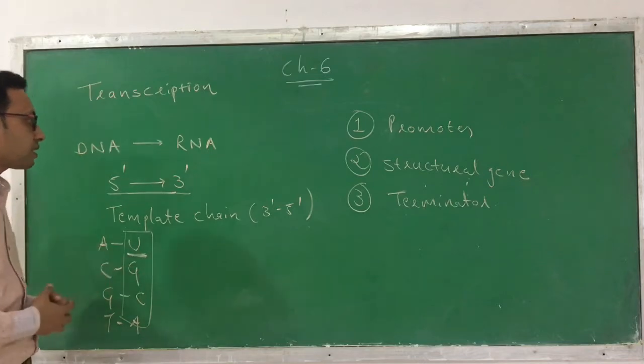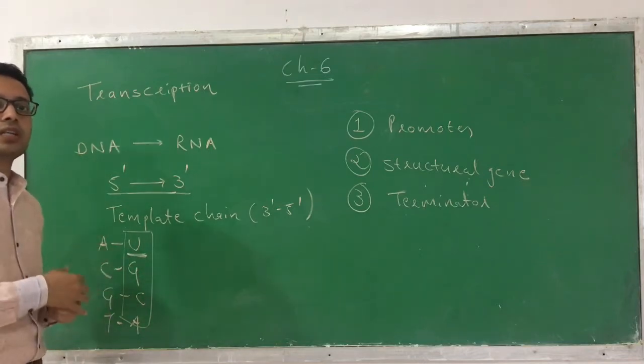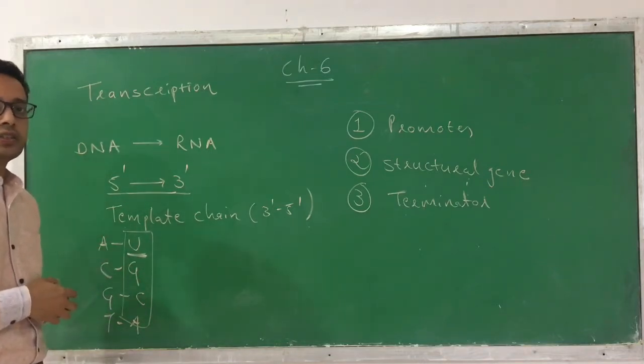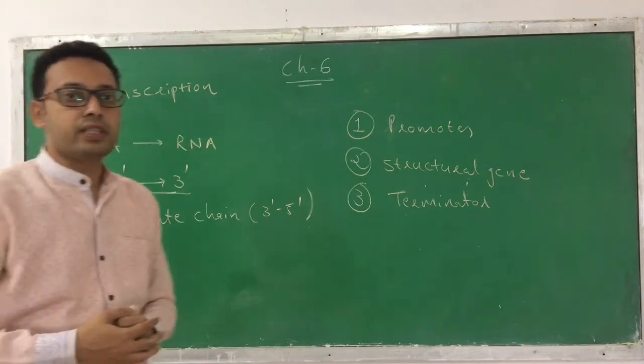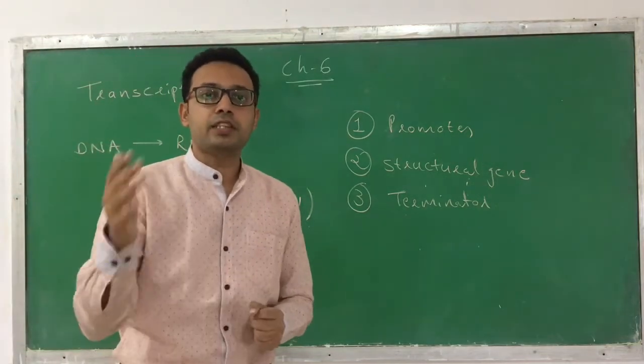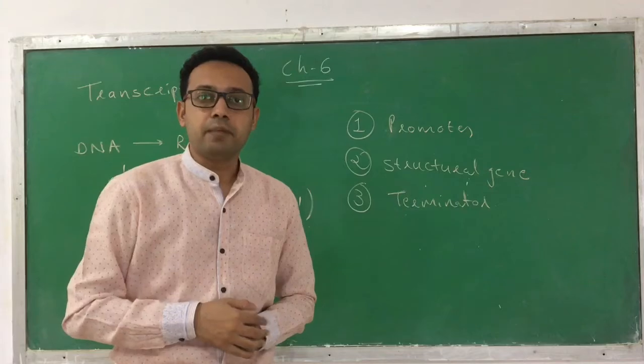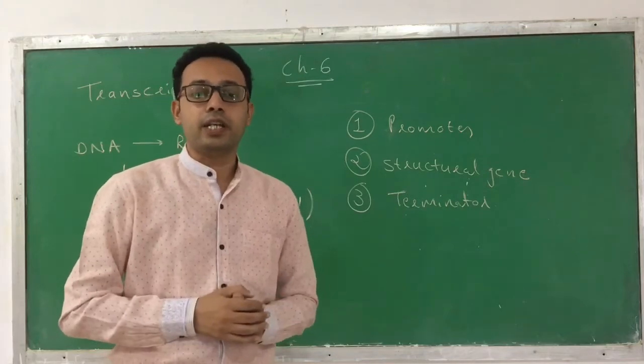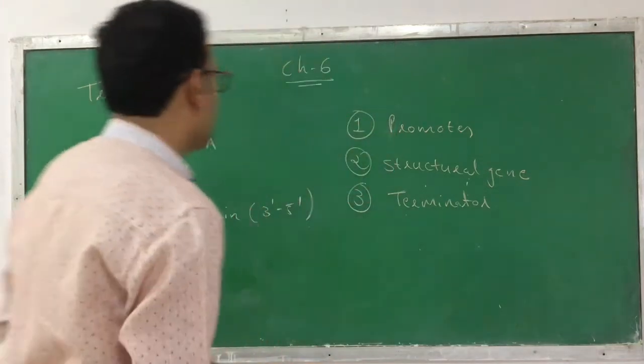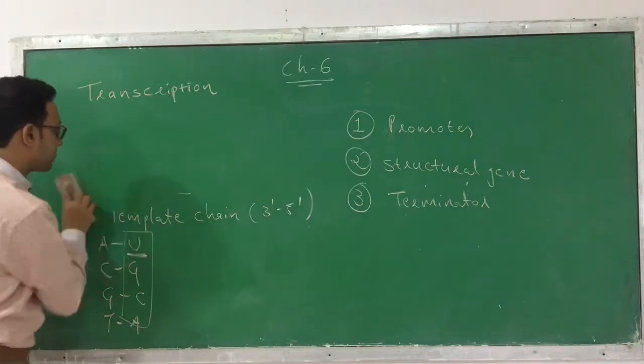Let's discuss how this process occurs and what enzymes are required. Now I am going to start with the transcription enzymes and the process in the bacterial cell and the eukaryotic cell.